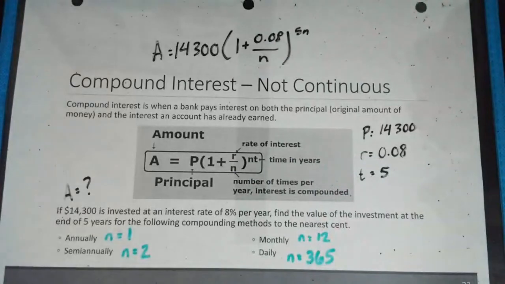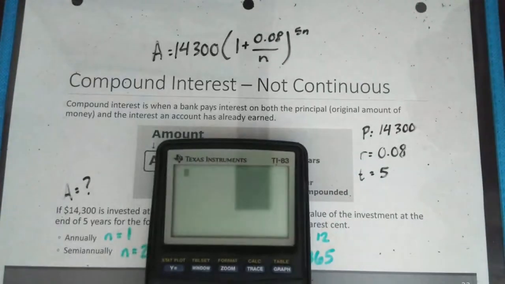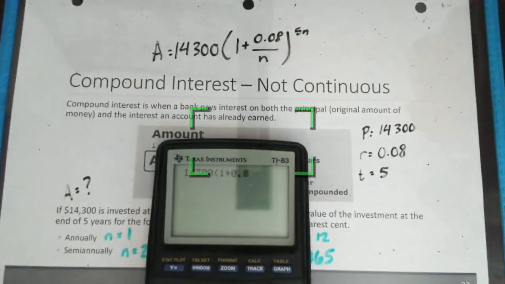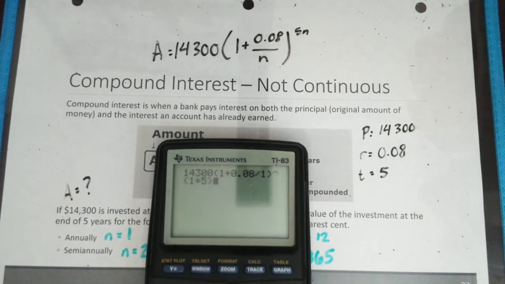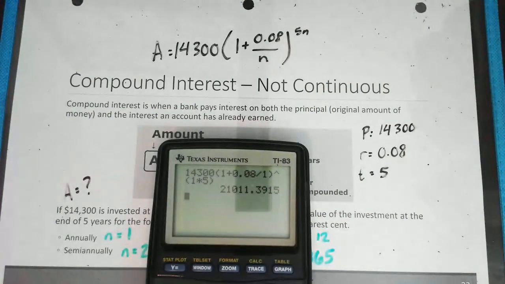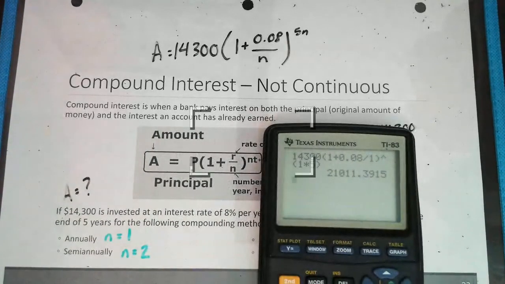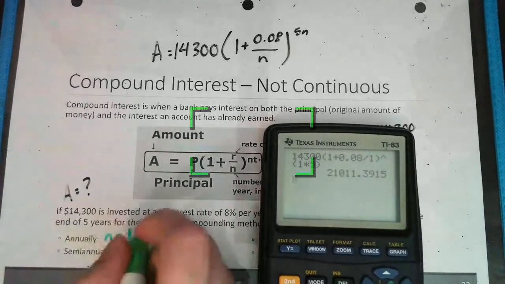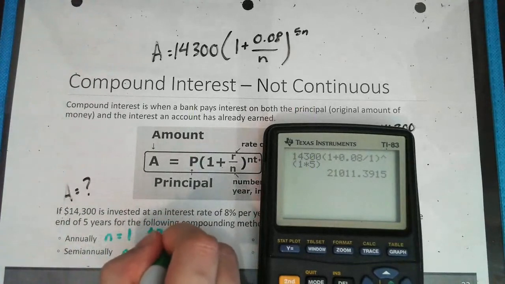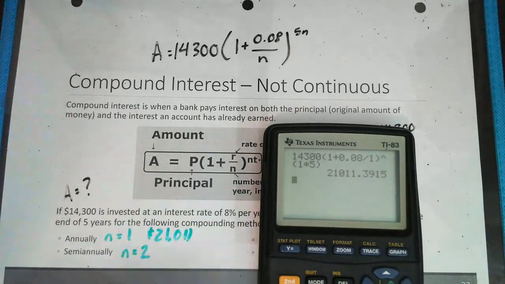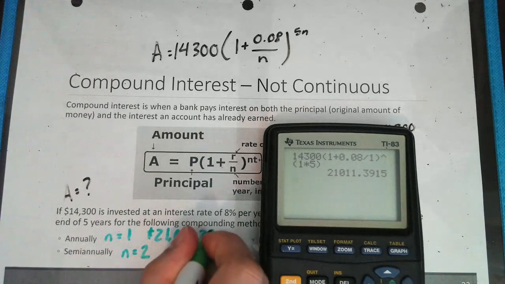And then I can just plug in my different values of N. So let's see what we can do. 14,300 times (1 plus 0.08 divided by 1) raised to the 1 times 5. So that's going to be my annually amount. And it looks like I am getting $21,011. They wanted us to round to the nearest cent, so I will say $21,011.39.